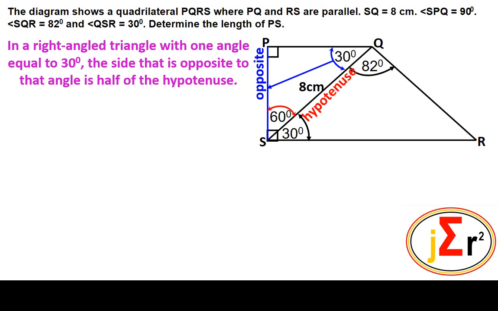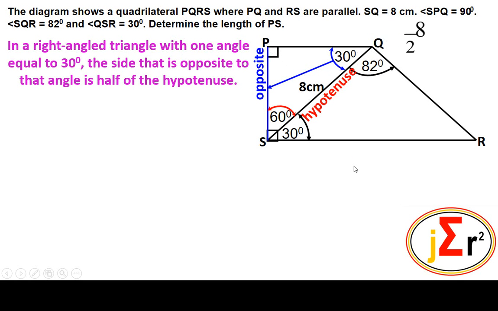Now, we have marked in the diagram that this side is opposite to the 30 degrees angle. Therefore, its length is half of the hypotenuse, and we have the hypotenuse marked here. The hypotenuse is the longest side of the right-angled triangle, and it is opposite to the right angle.